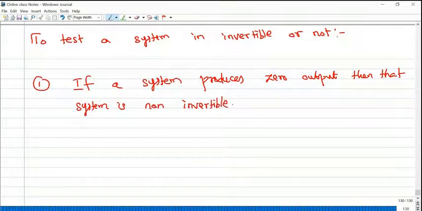Because from zero information, we cannot guess what would be the actual input to the first system. Okay. Second one, distinct input to the system should generate distinct output.